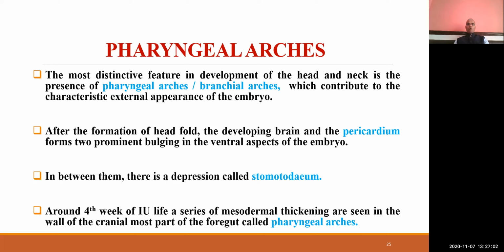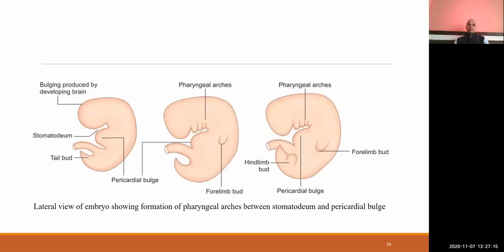Around the 4th week of intrauterine life, a series of mesodermal thickenings are seen in the wall of the cranial part, most of the forehead. This is called the pharyngeal arch. This is the bulge produced by the developing brain, and this is the bulge of the pericardium.